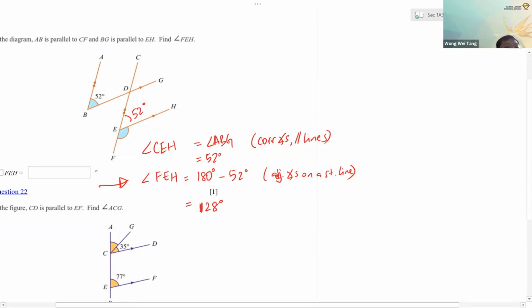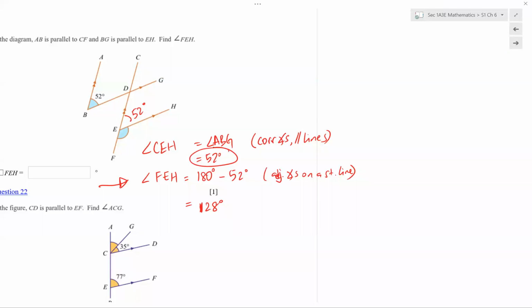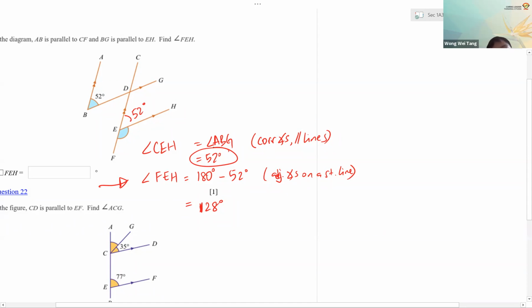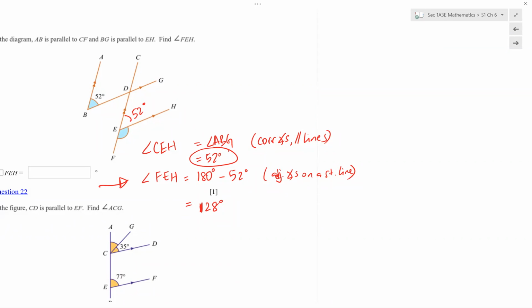Although he can argue that, hey, Mr. Wong, I already found 52 degrees in the previous part for CEH, obviously I'm talking about CEH. Correct, Josiah? So how to improve on this presentation? Which 52 are you talking about? CEH.